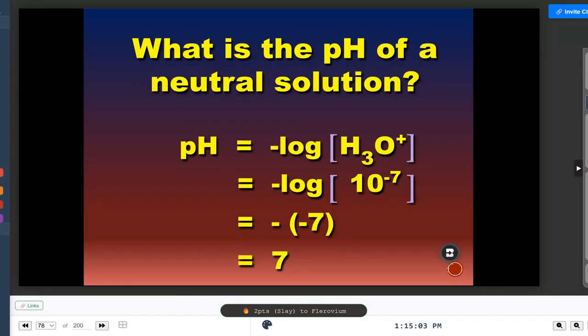Oh, so which part are you getting stuck on, this part up here or down here? How'd you get 7? This one here? Yeah. That one is from a neutral solution of water. This goes back to what we showed you a few slides back, where we asked what is water's concentration of hydronium ions?